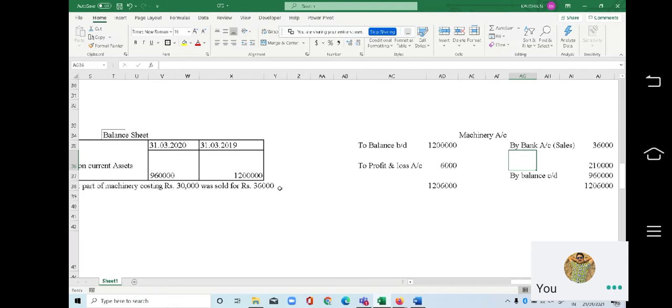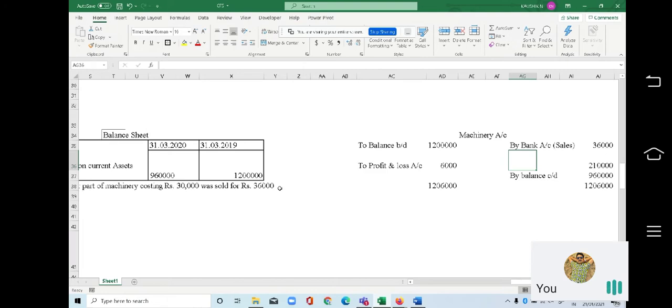No, here there is no concept of creditors and all. When I talk about machinery, machinery will have either purchase or sale. It will have profit on sale. It will have loss on sale. And as I said earlier, all fixed assets are prone to depreciation.